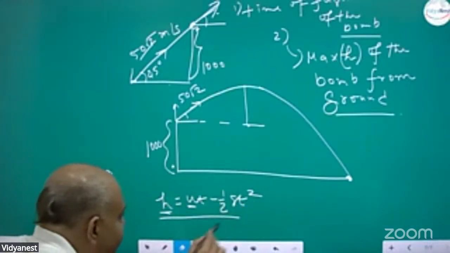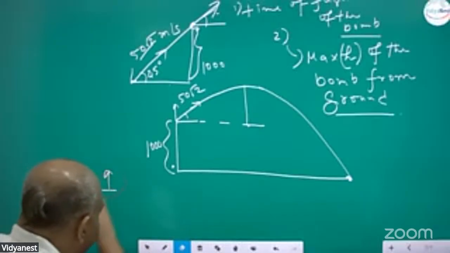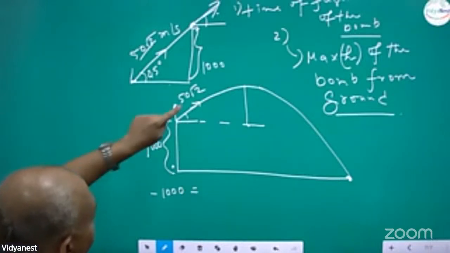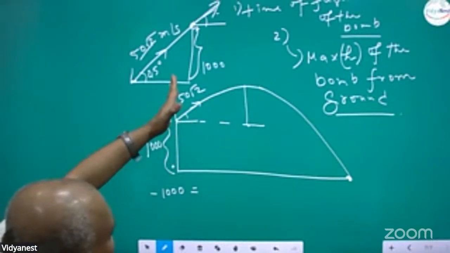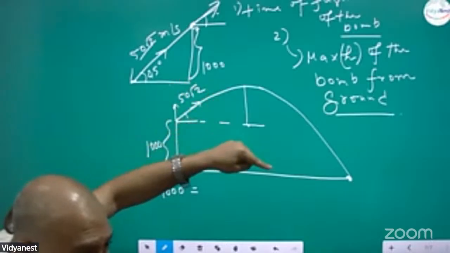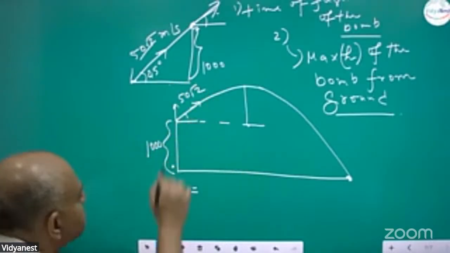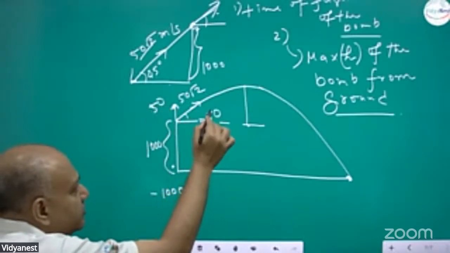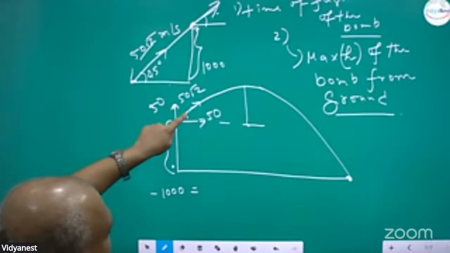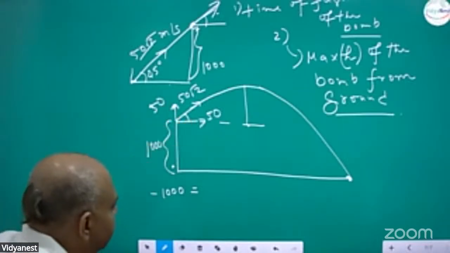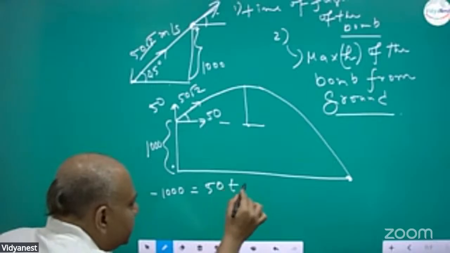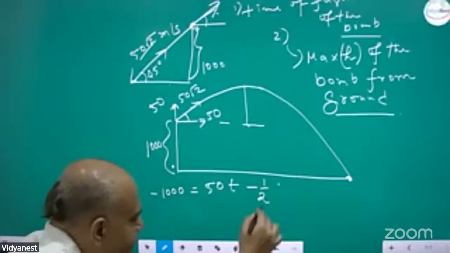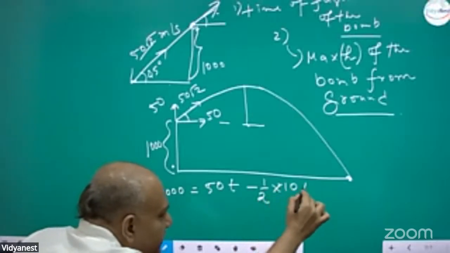So we can write it this way: minus 1000 is equal to u sine 45. Sine 45 means 1 by root 2, isn't it? So in this direction velocity is 50, and cos 45, in this direction velocity is also 50, because the cos component and sine component are at 45 degree. So 50 into t minus half g, you can take 10, t square.